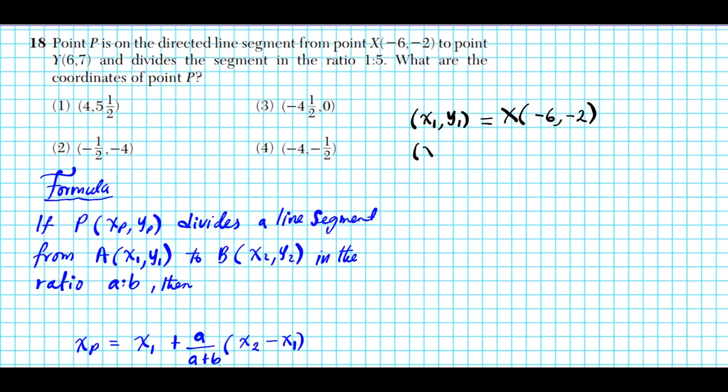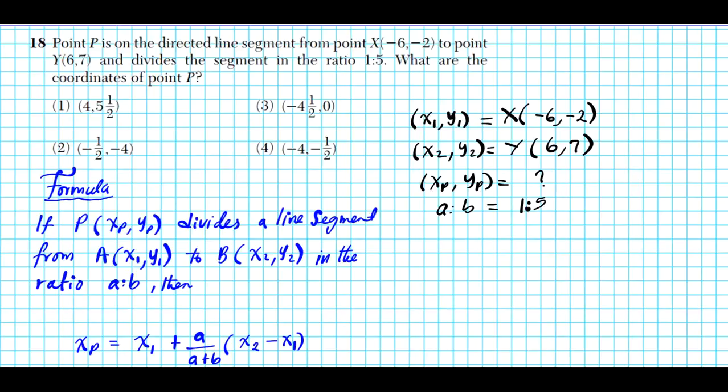And then our second point, x2, y2, is going to be point y, which has coordinates 6, 7. And then the point somewhere between these 2 points that divides the segment, point P, xp, yp, that's what we're looking for. Okay? Now the ratio A to B in this problem is 1 to 5.